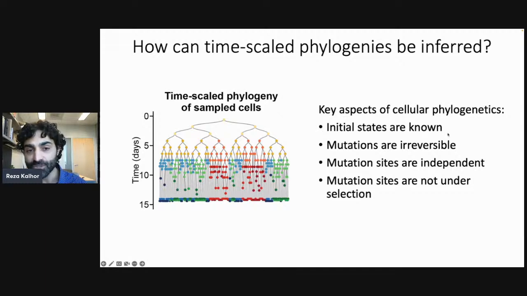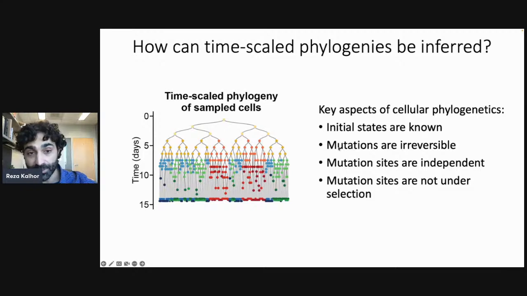One is that the initial states are known for every site, as in we know in the zygote, or whatever other developmental system, what the non-mutated allele is. So the earliest ancestral state is known.